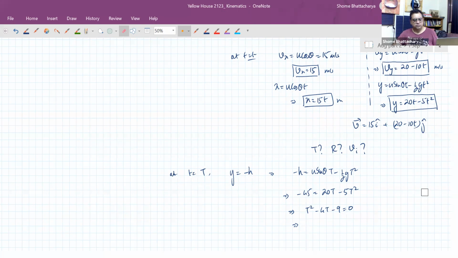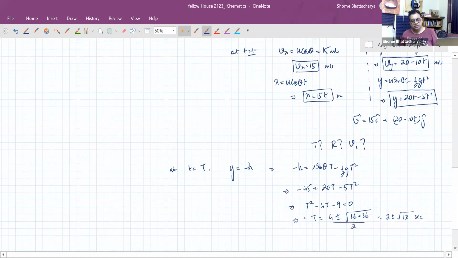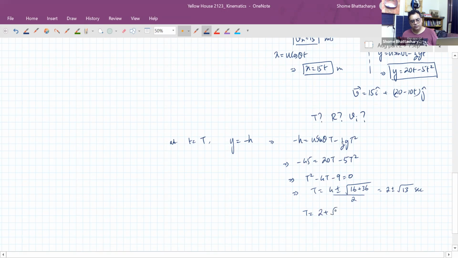Okay, so you'll see that we'll have to take the plus sign, because 2 minus root 13 is a negative quantity, so we'll reject it.